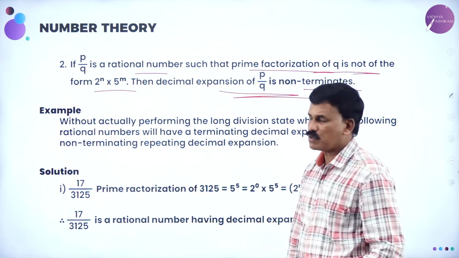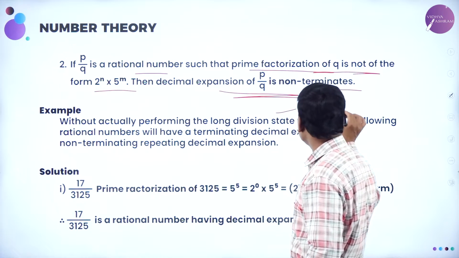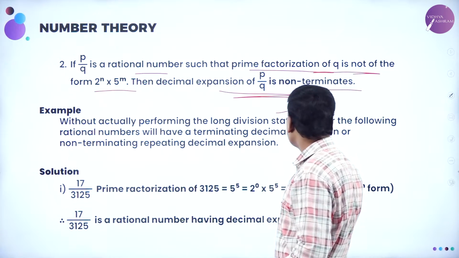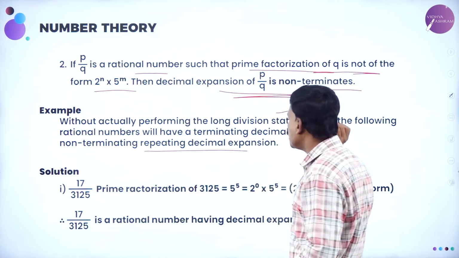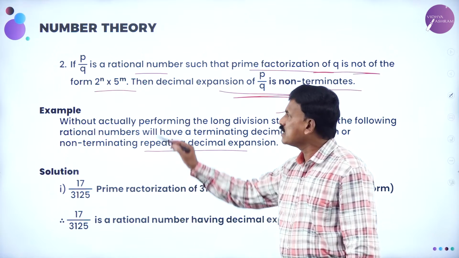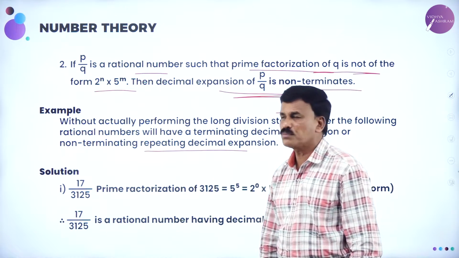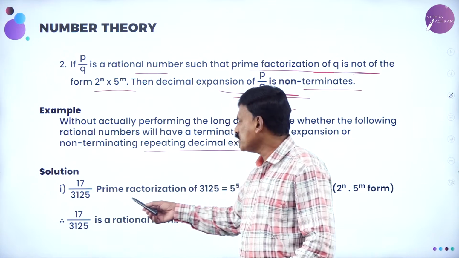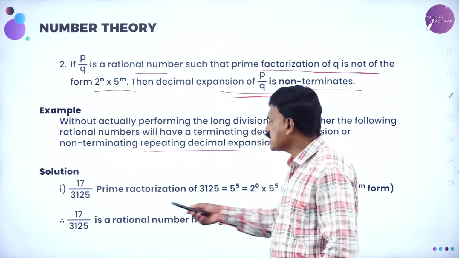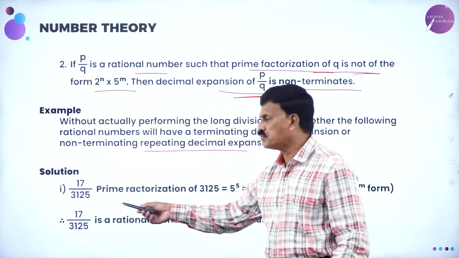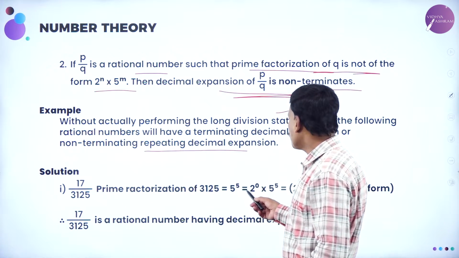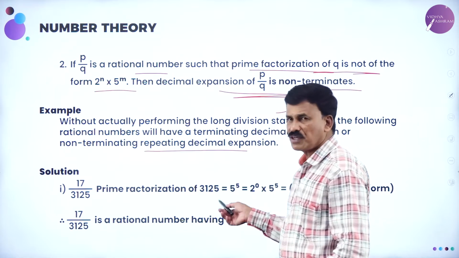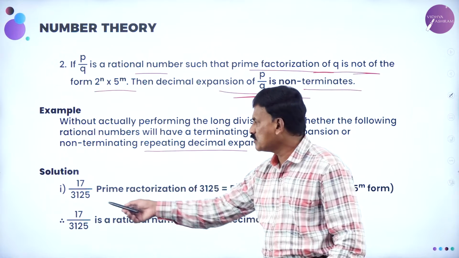Now, let us take an example. Without performing long division, state whether the following rational numbers will have a terminating or non-terminating decimal expansion. Let us convert the denominator into the form 2 to the power of n into 5 to the power of m. 17 by 3125: let us express the denominator 3125 as 5 to the power of 5. 5 into 5 into 5 into 5 into 5, if you multiply, you will get 3125.